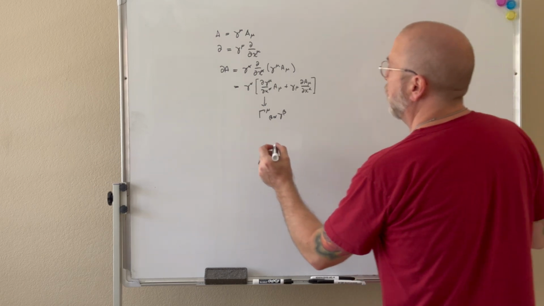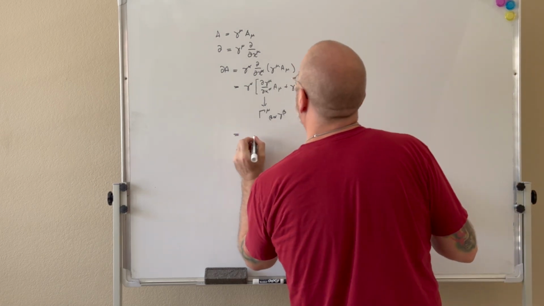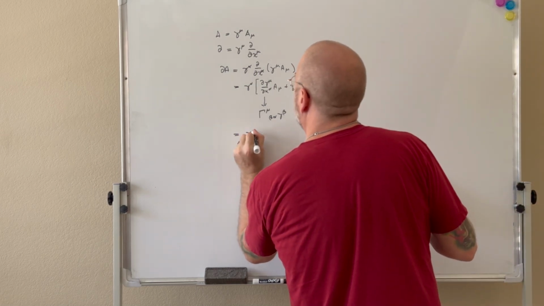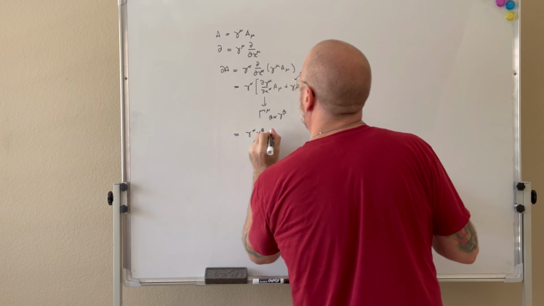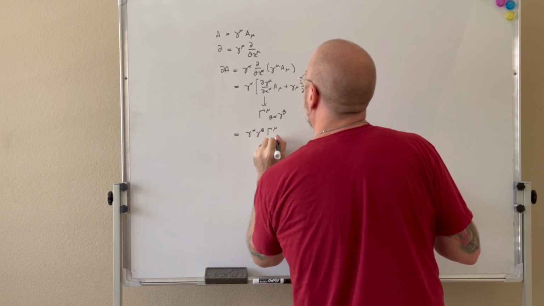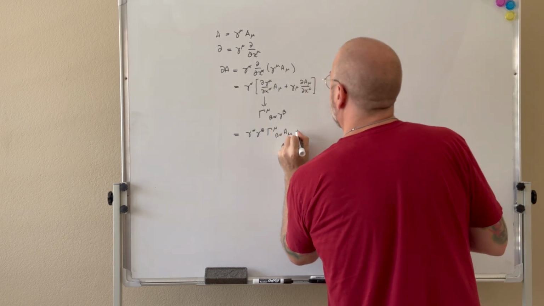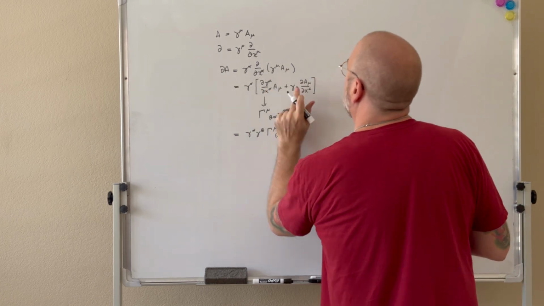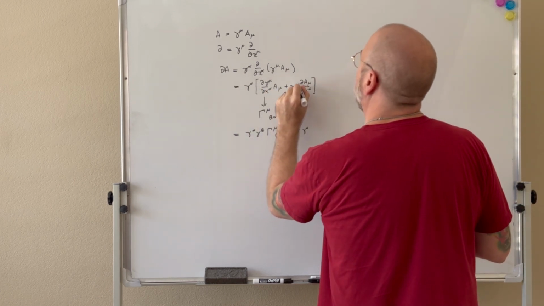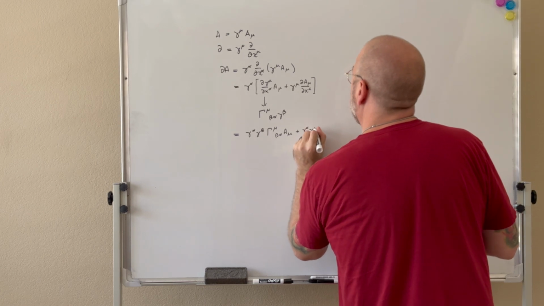Okay, so plugging that in there, we'll get gamma alpha, gamma beta, alpha, mu, that's this first term, plus gamma alpha, and did I screw that up? Yeah, I did. Thank you.